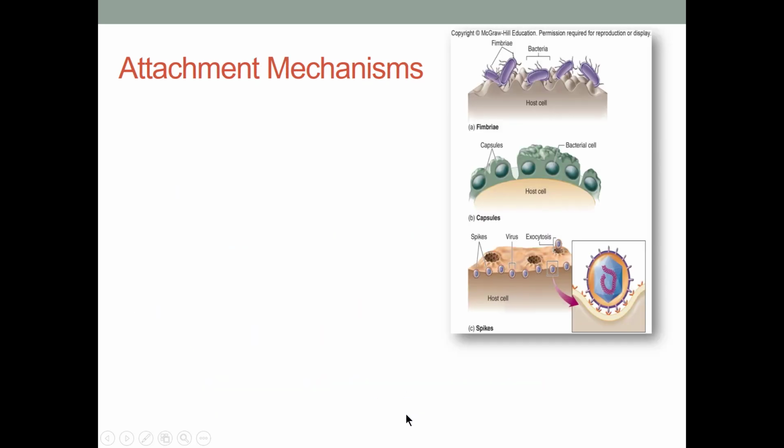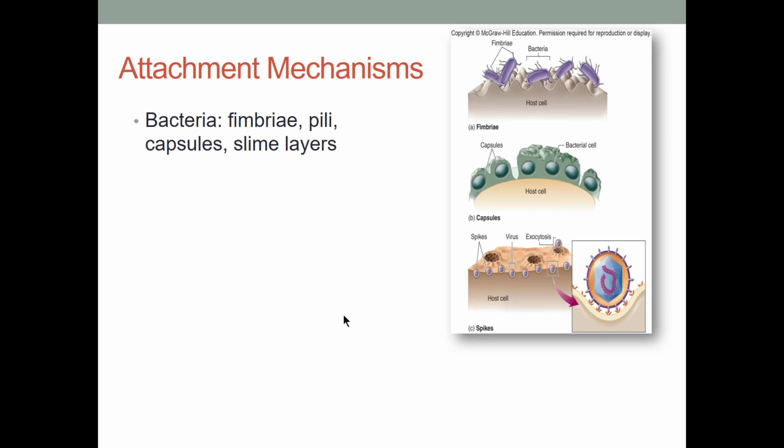This figure here shows some examples. Bacteria using fimbriae have an easier time sticking to most of the host cells in the body. Bacteria using capsules is another example. This is how bacteria often stick to our teeth, for example. And then here we see a virus attaching to a host cell, which is specific with the glycoprotein and the virus spike. So bacteria will use things like fimbriae, pili, capsules, slime layers.